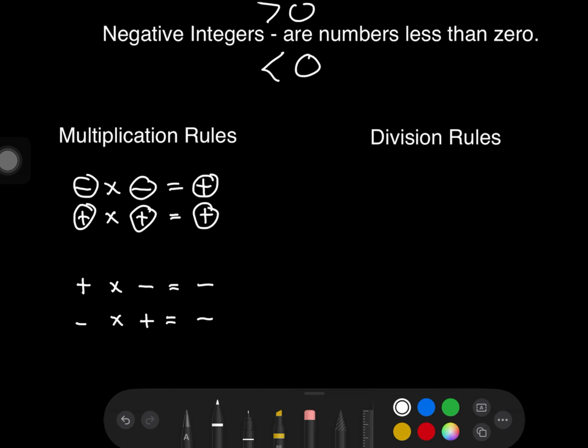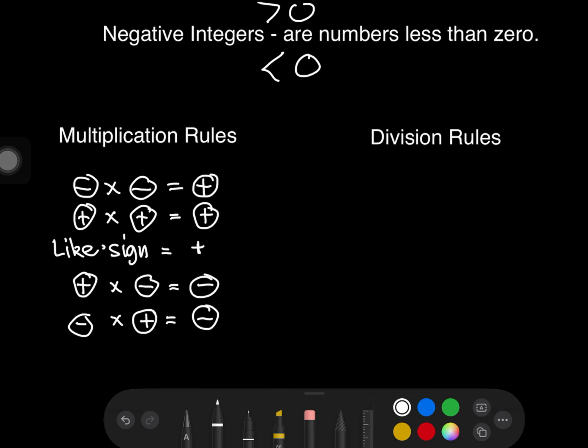So to conclude, if you have like signs or the same sign, your answer will always be positive. And if you are multiplying different signs, your answer will always be negative. So unlike signs or different signs will always give negative.